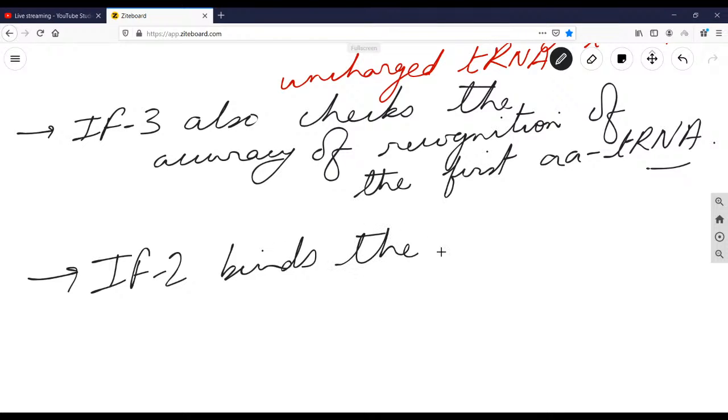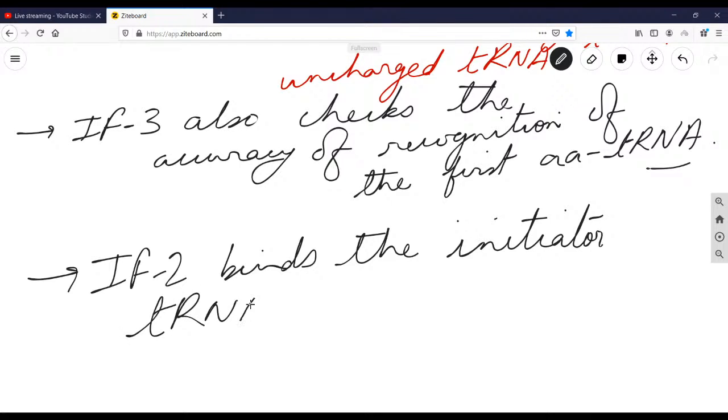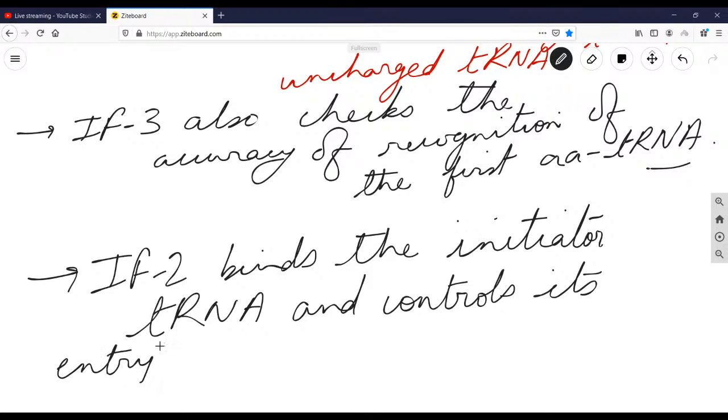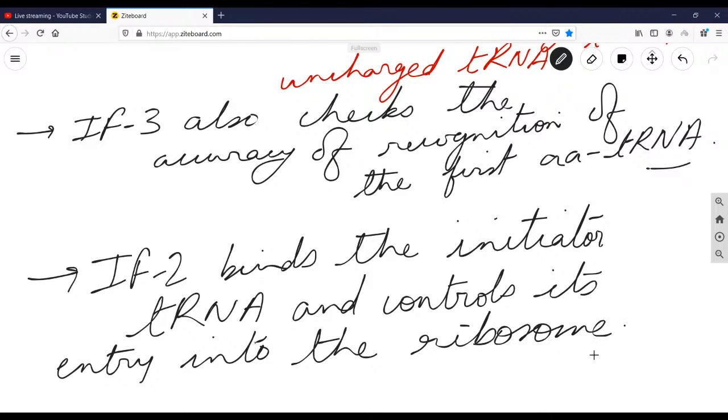Now IF2 binds the initiator tRNA. It binds the initiator tRNA and controls its entry into the ribosome. Okay.